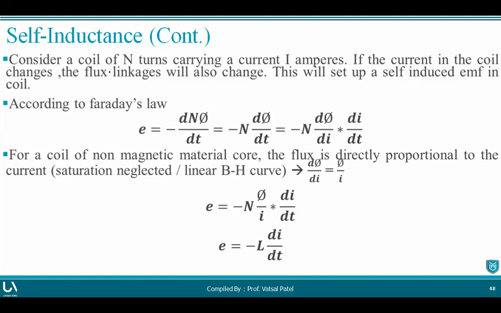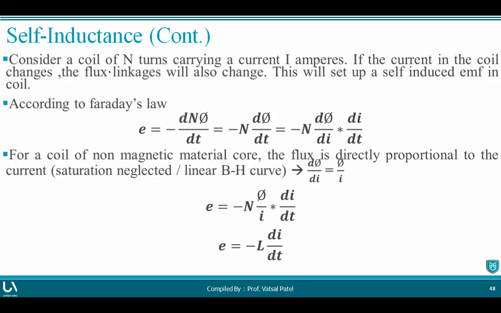So the equation is written here: the induced EMF E is equal to minus L di by dt. That is the equation of the self-induced EMF, with the minus sign because of the opposite direction. L is the inductance or self inductance, right?